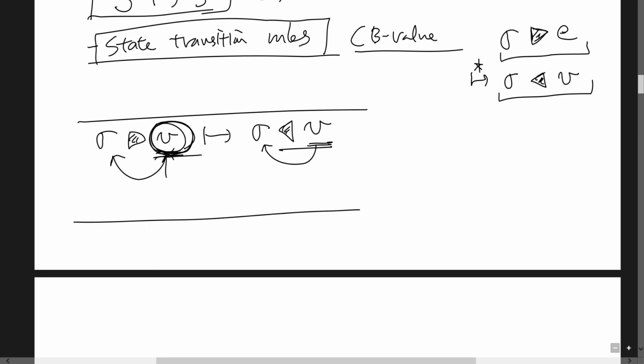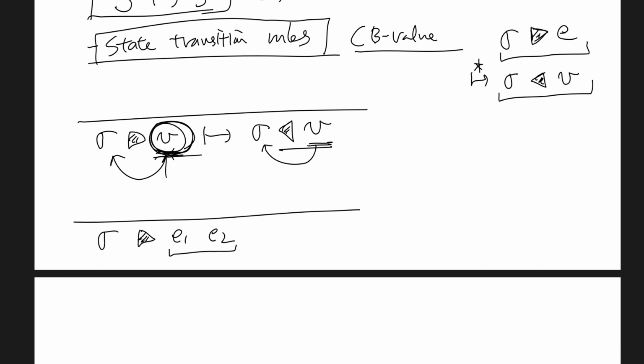What about this rule? Sigma analyze expression E1, E2. I'm currently analyzing this expression E1, E2. Because we assume call by value reduction strategy, we have to further analyze this expression E1. We don't know if expression E1 is a lambda abstraction or another application or more complicated expression.